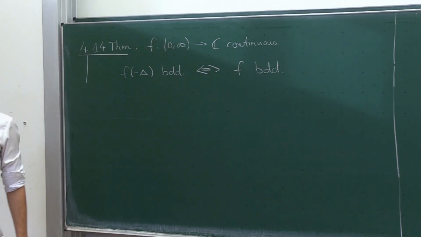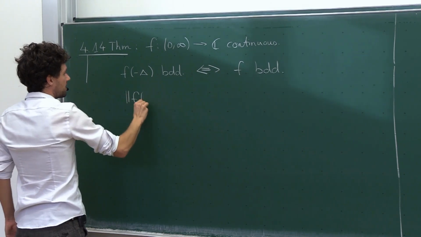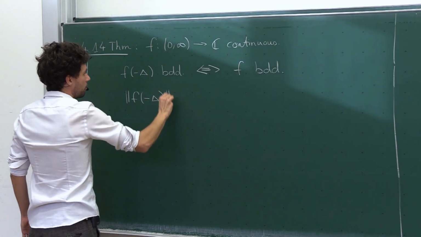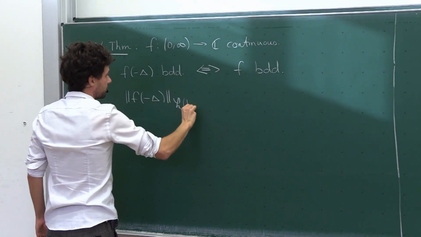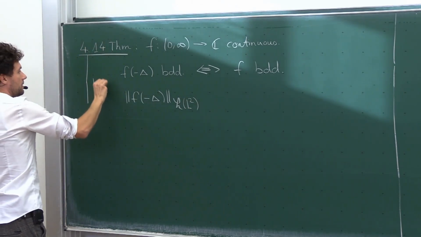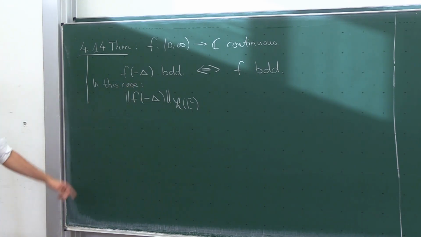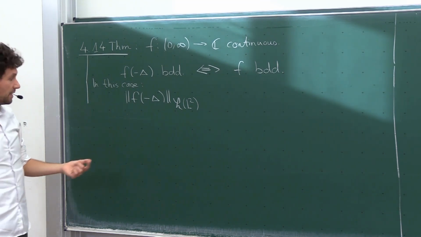Okay, and in addition to that, I can say precisely what the operator norm in this case is. Namely, the operator norm of this is going to be the same, because the Fourier transform is isometric, by Plancherel.